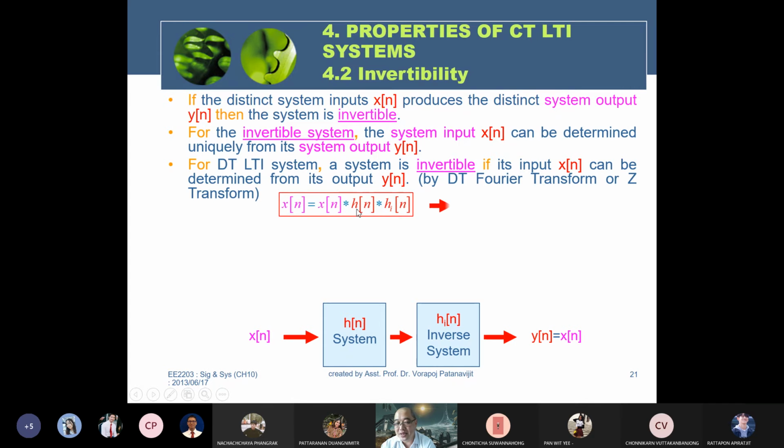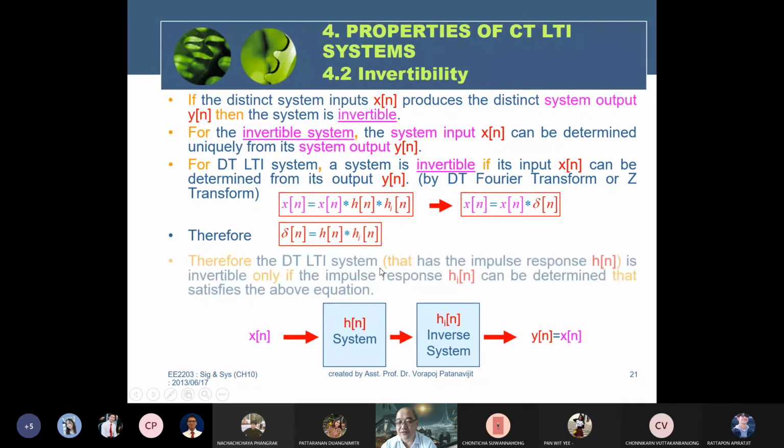It means you can find h[n] that convolves with the system, the inverse system, that gives you the impulse function. Therefore, the way to compute them in the time domain is very difficult, but the way to compute them in the discrete Fourier transform domain or the z-domain is considerably easy.